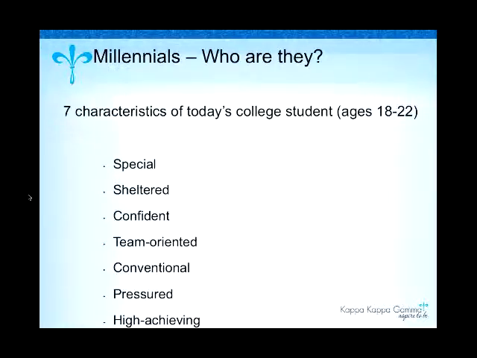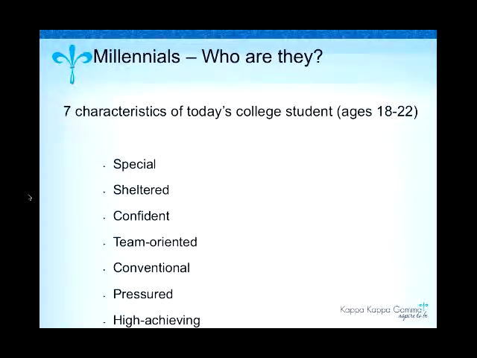The second characteristic that I think is important to cover tonight is sheltered. Many of these students are sheltered more than previous generations. Parents kept them closer to home with a focus on connection to the family. But they were also involved in many sports and activities.